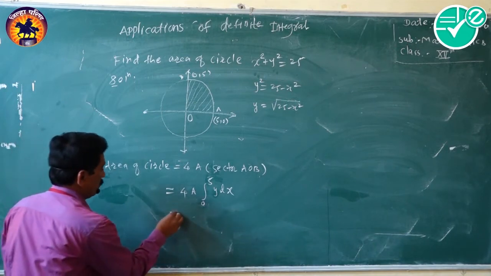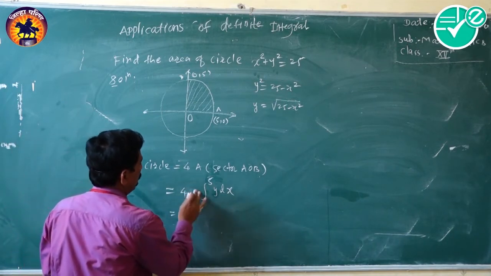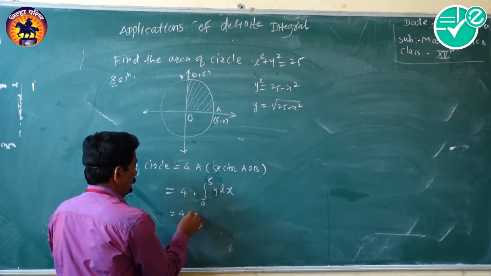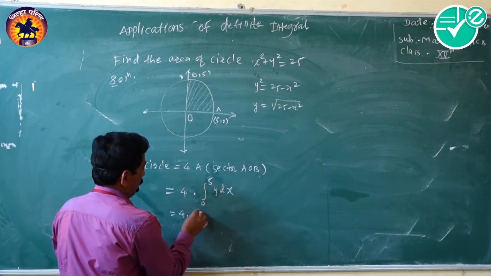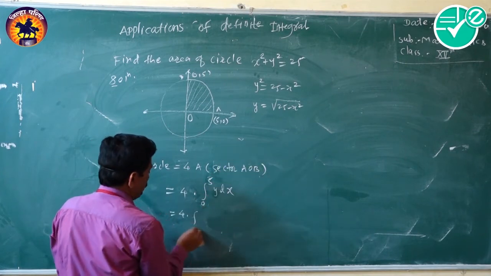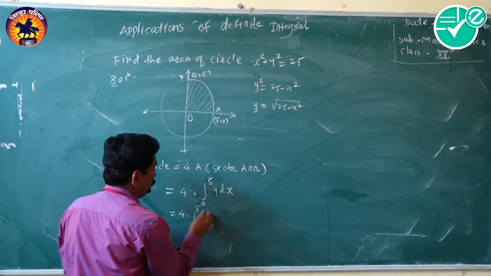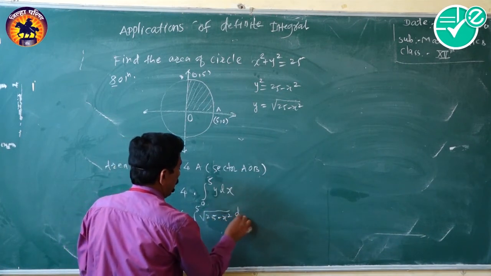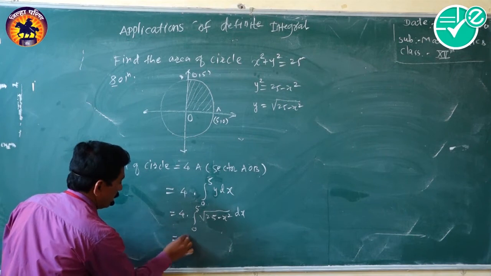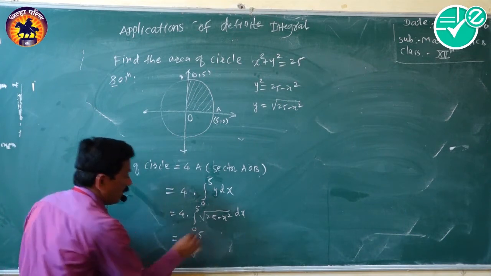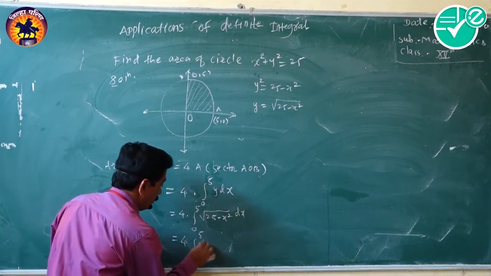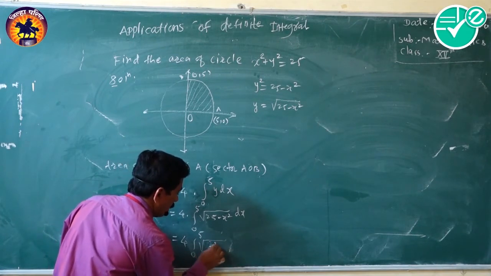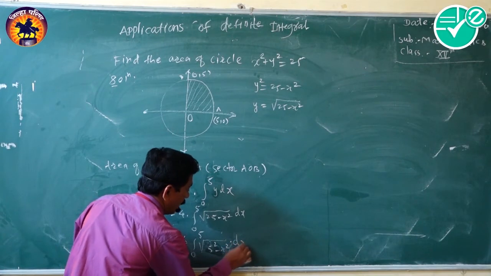This is equal to 4 into, value of y is, 0 to 5 under root of 25 minus x square into dx, or this can be written as 4 into 0 to 5 under root of 5 square minus x square into dx.